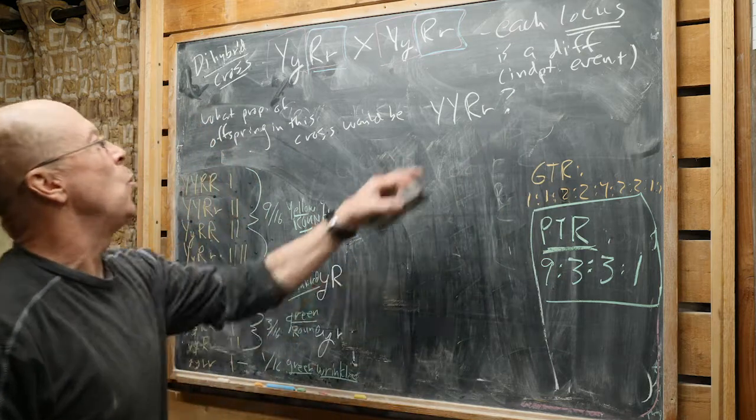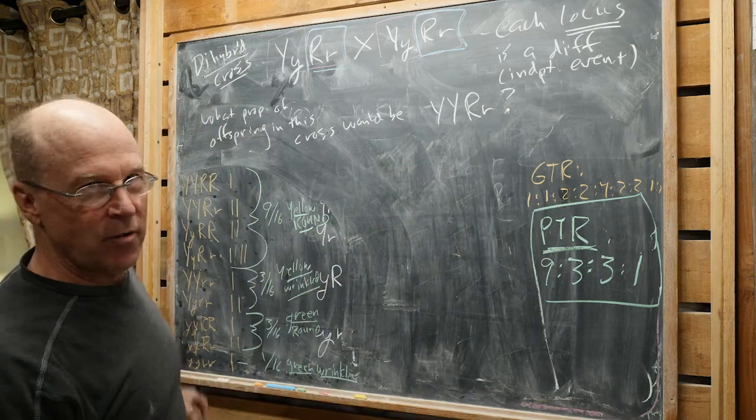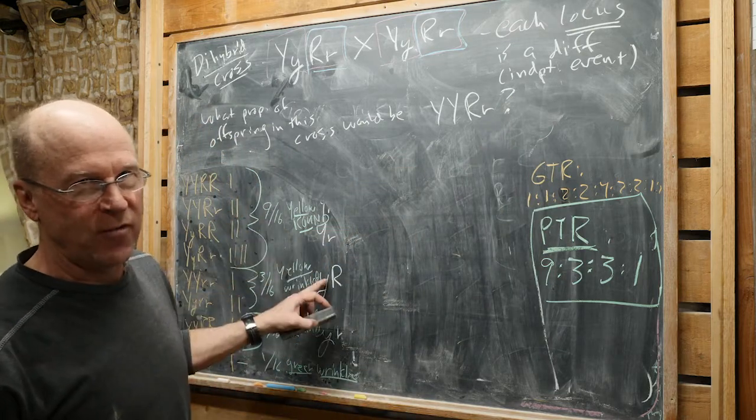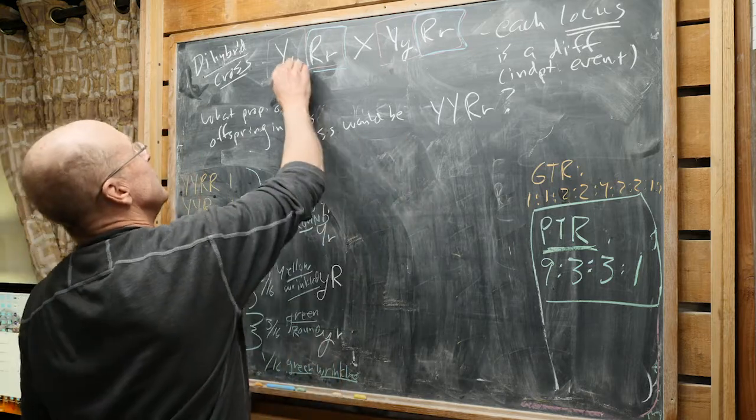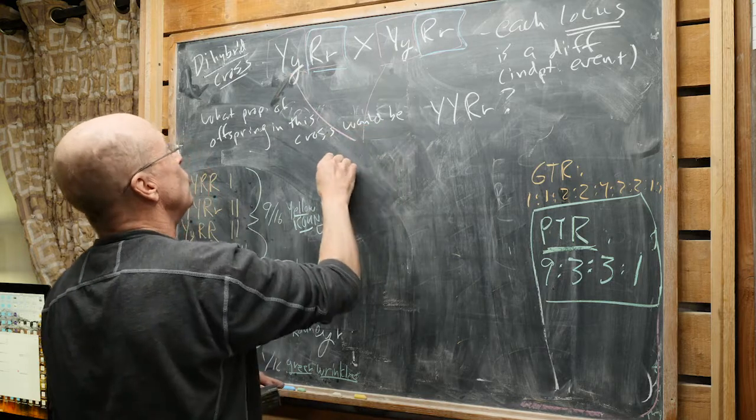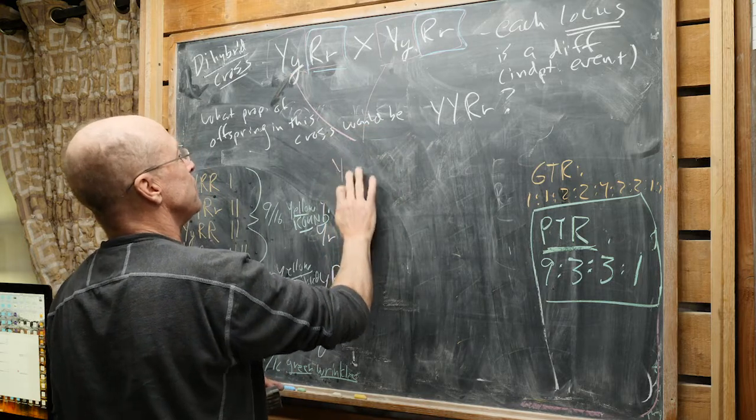Question mark. I want to know what that is. We have the answer over here, but that's what the big, huge 4x4 is. This is the shorthand. So what you need to do to answer this is bring this guy down and do a monohybrid here.